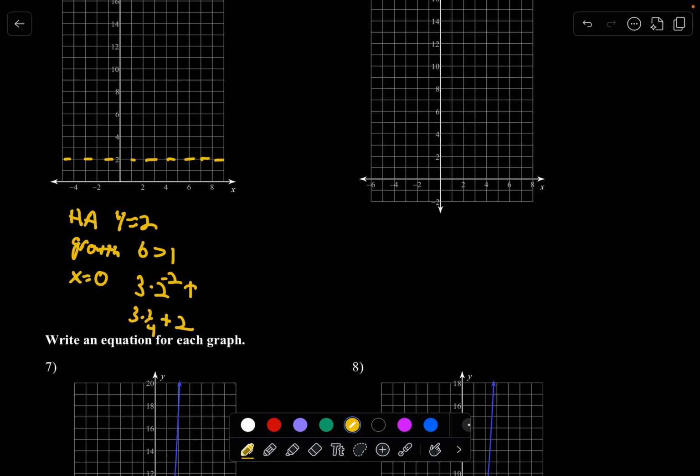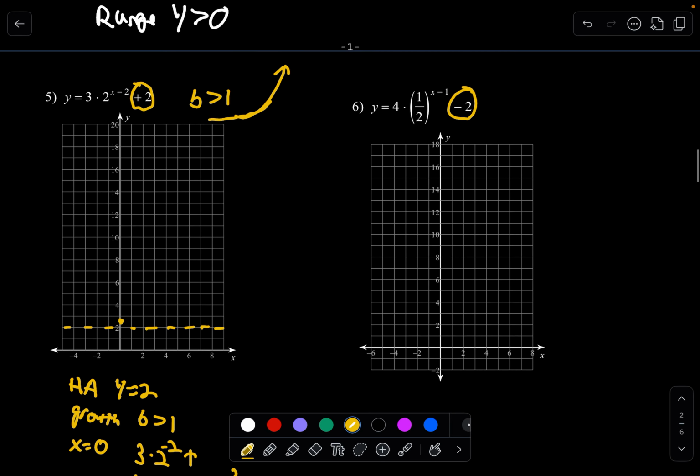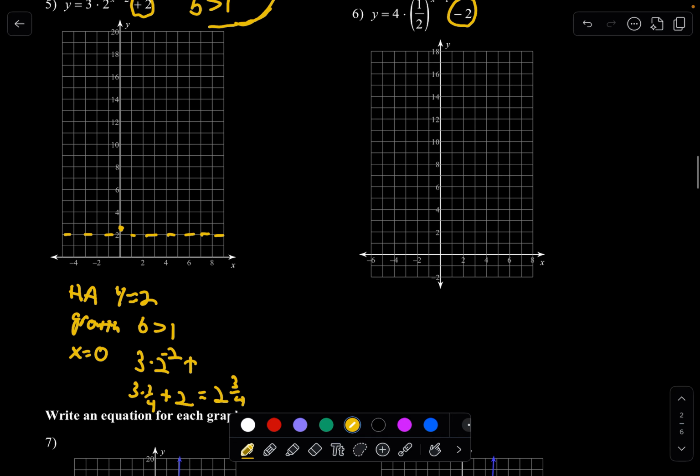So 3/4 plus 2 is 2 3/4. So our y-intercept is at 2 3/4, which you estimate to be about there. That one's a little bit tricky. And then when x equals 1, that will be 3 times 2 to the -1, plus 2.